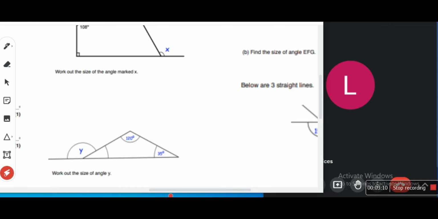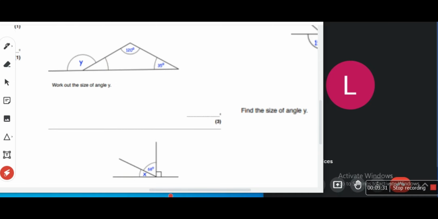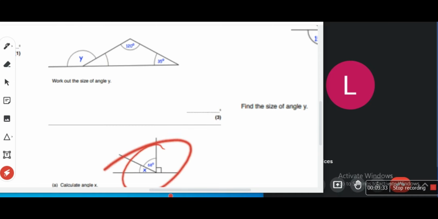For this plus the tiny one here must give you 180. So to get it, you need to read further. Angles on a straight line meeting at a point must sum up to 180. So this plus this must also be equal to 180. This plus this must also be 180. The same thing applies here.